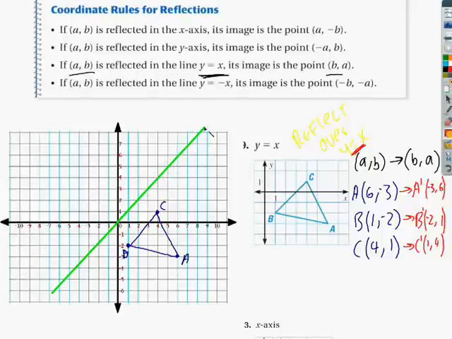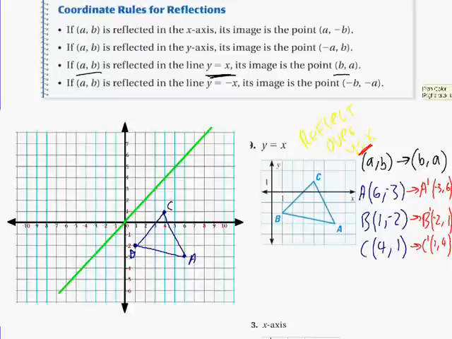Alright, and the reflection is going to be, A prime will be negative 3, 6. That is A prime. And B prime is negative 2, 1. That's B prime. And C prime is 1 comma 4. And there is C prime.